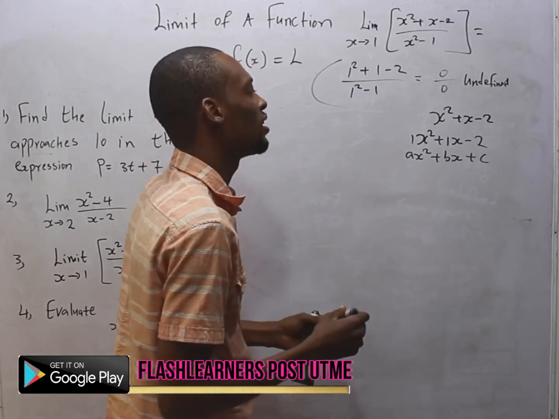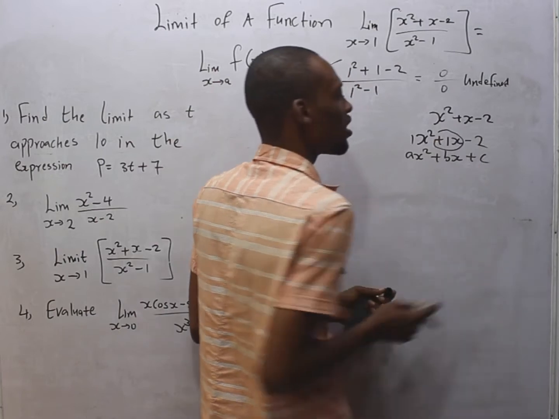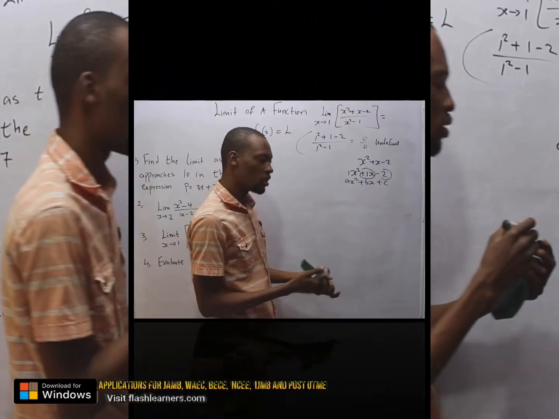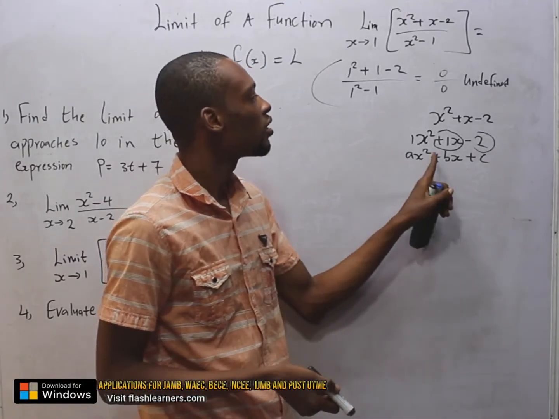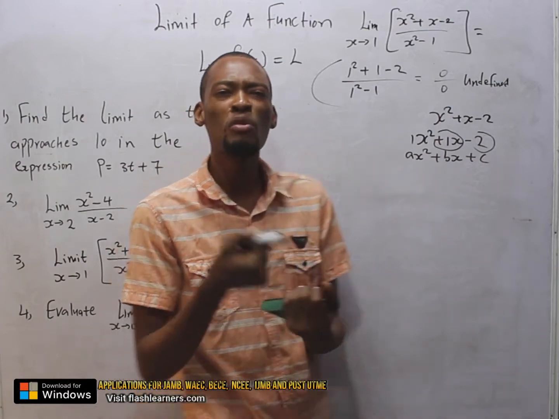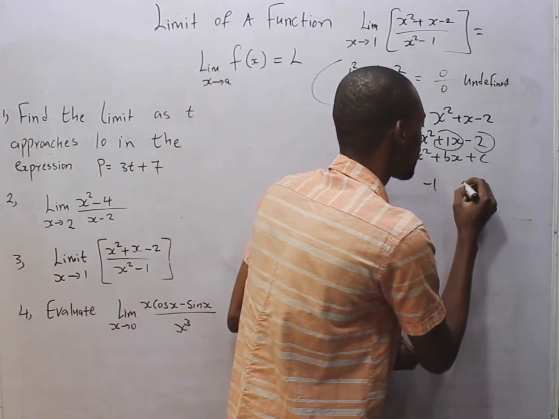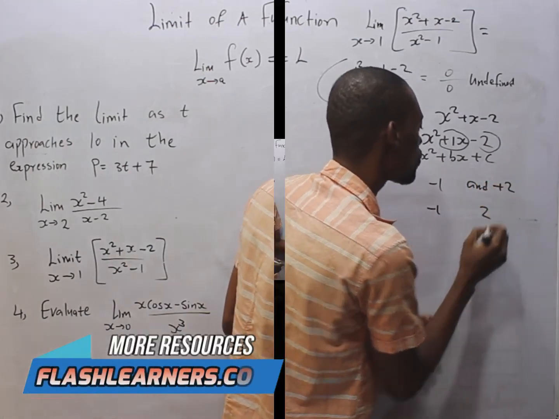We look for two numbers that when we add, we get 1, and when we multiply, we get minus 2. They are simply minus 1 and plus 2.